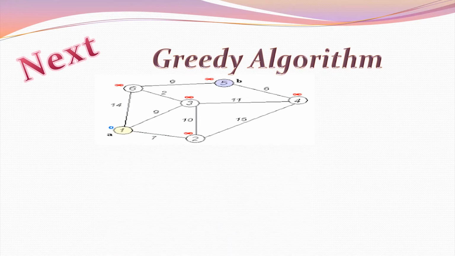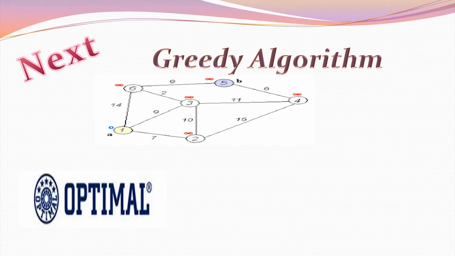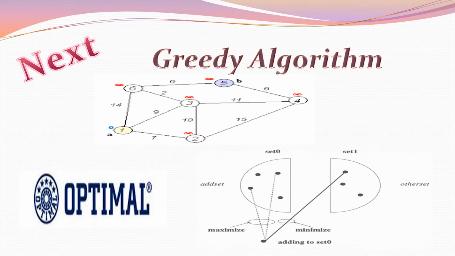Let's now look at the greedy algorithm. A greedy algorithm always makes the choice that seems to be the best at the moment. How do you decide which choice is optimal? Assume you have an objective function that needs to be optimized, either maximized or minimized at a given point.